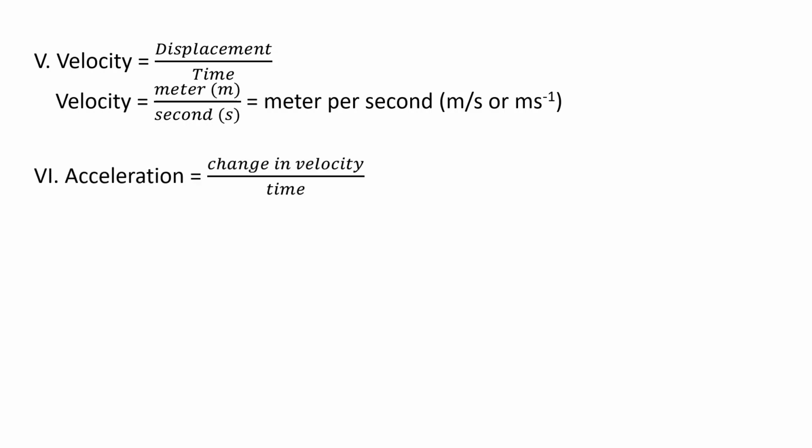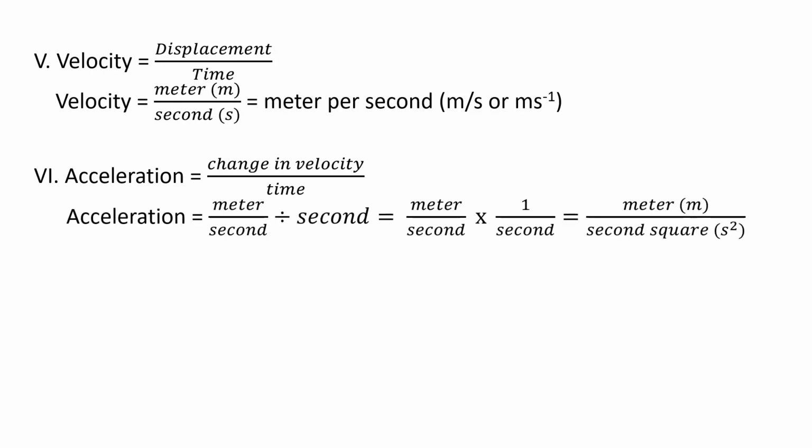Sixth is the acceleration. The formula for finding acceleration is change in velocity over time. We already know the unit for velocity. We said it is meter per second. And time, its unit is what? Second. So the SI unit for acceleration will be meter per second, divided by second.